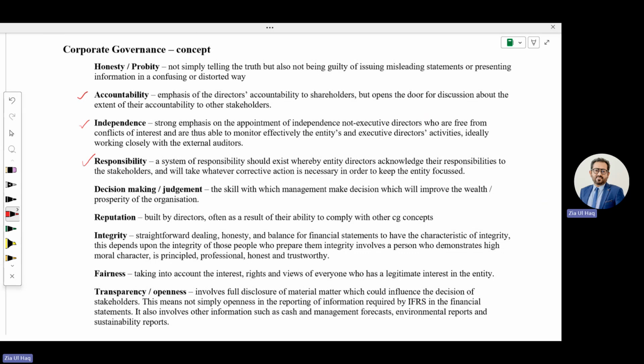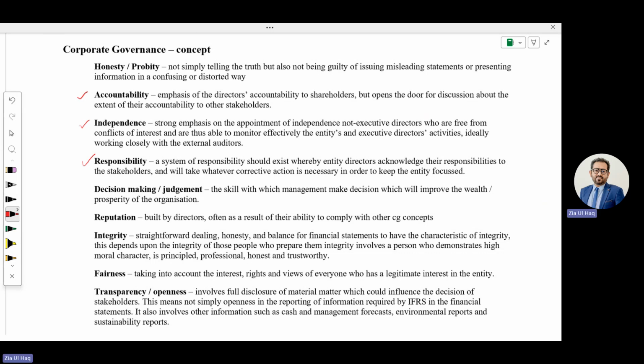It's on directors whether they will manage the company by themselves or appoint any other employee. If any other employee is performing properly or not, who should monitor, who should check? Directors. So regarding company performance, the whole board of directors is responsible. They cannot transfer this responsibility to any other party.